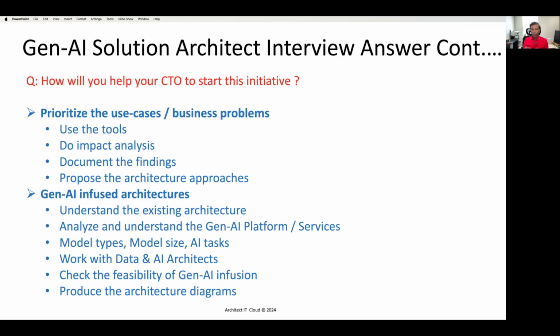And finally, you can propose the architecture approaches. Once you have identified and finalized a particular use case, you can come up with multiple approaches to implementing this architecture.